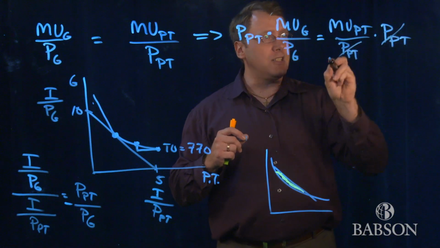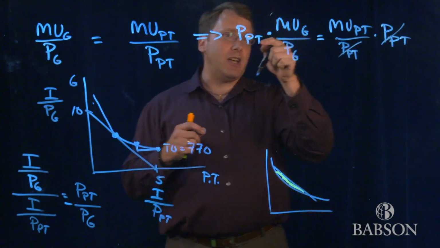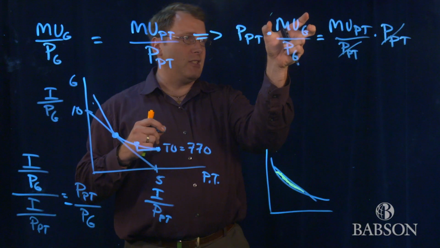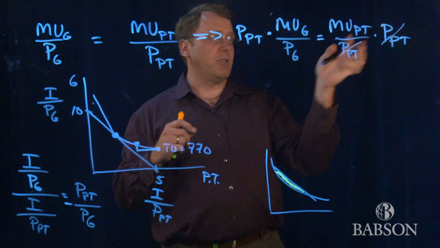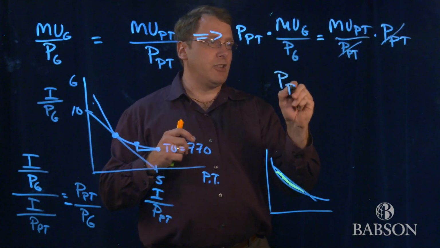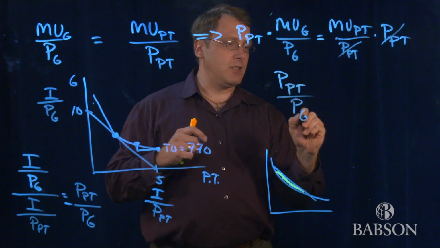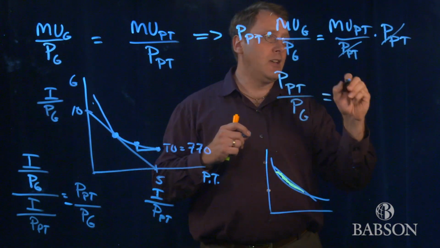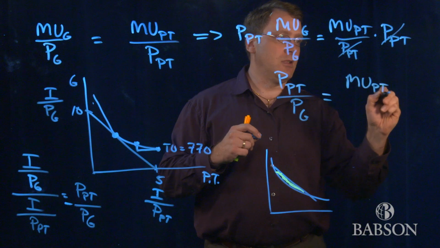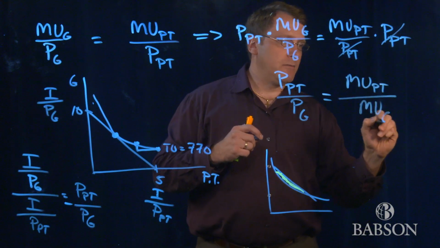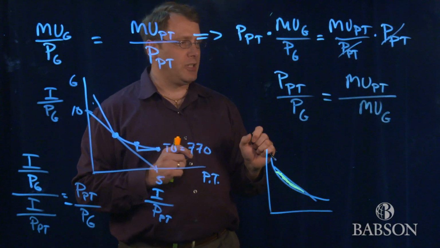So now these things cancel out, and we need this marginal utility over here, so we divide both sides by that, and what we end up with is the ratio of the prices must be equal to the ratio of the marginal utilities.